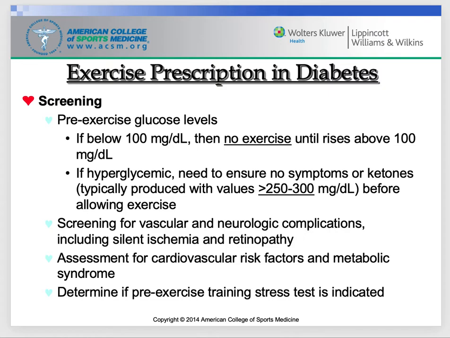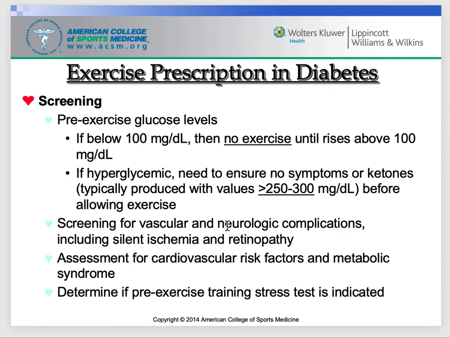The other thing we want to look at is neurological. A lot of patients with diabetes, and this might be new to you, listen, have what we call autonomic neuropathy. It's not written, but write it down. Autonomic neuropathy means that the autonomic nervous system has neuropathy, nerve damage, and what that means is they can have silent ischemia.